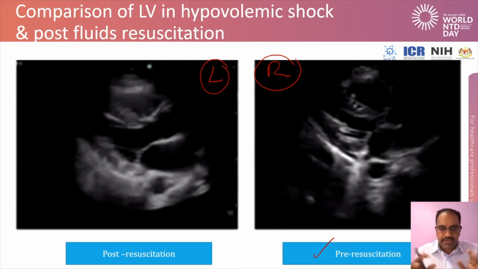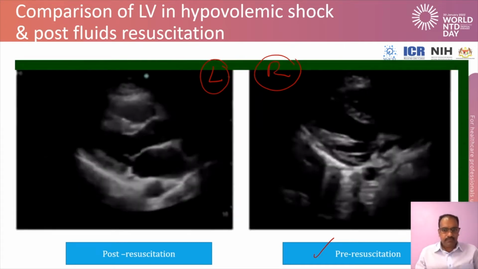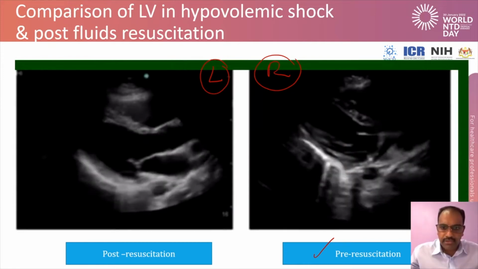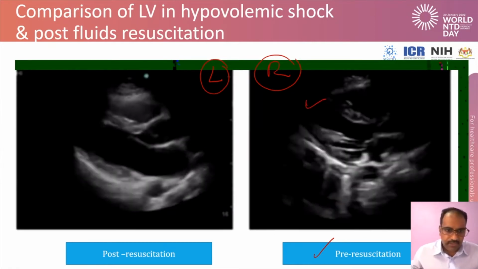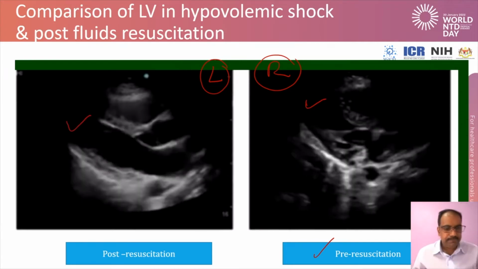The reason I'm showing this is so you can differentiate the ventricular kissing in shock and how the ventricular contraction improves post-resuscitation. So here you can see the ventricle touches each other, and here the contraction is quite good.